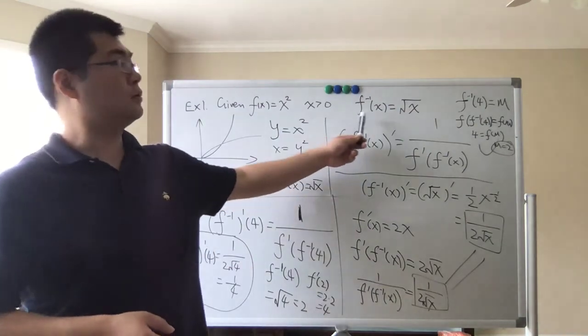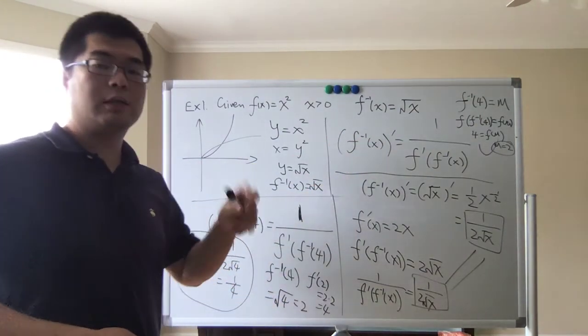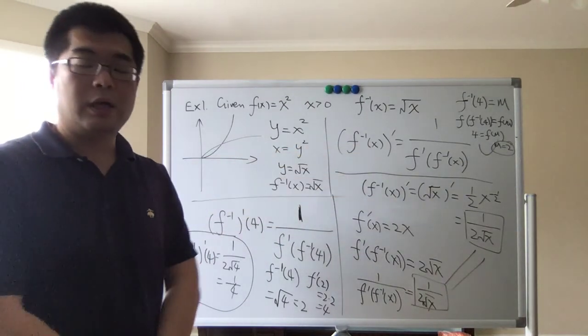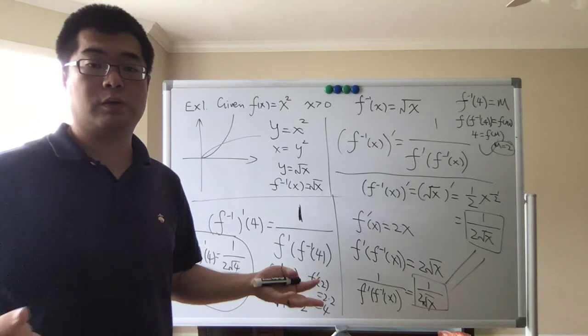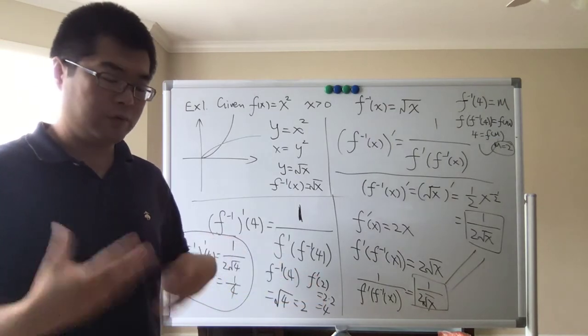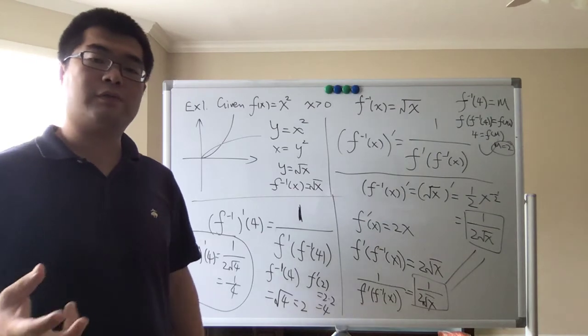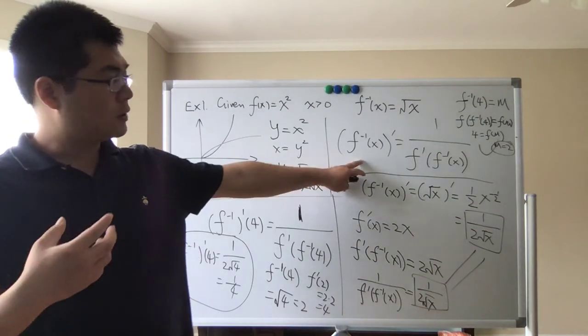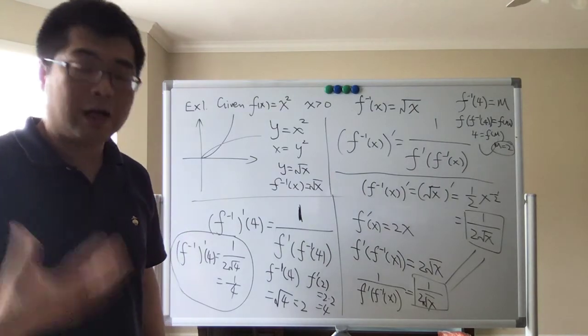So you do not have to solve for the inverse. We solved for f inverse to show you that the derivative rule for the inverse function actually works. But in real problem solving, using the properties of the inverse function can save you tons of time.